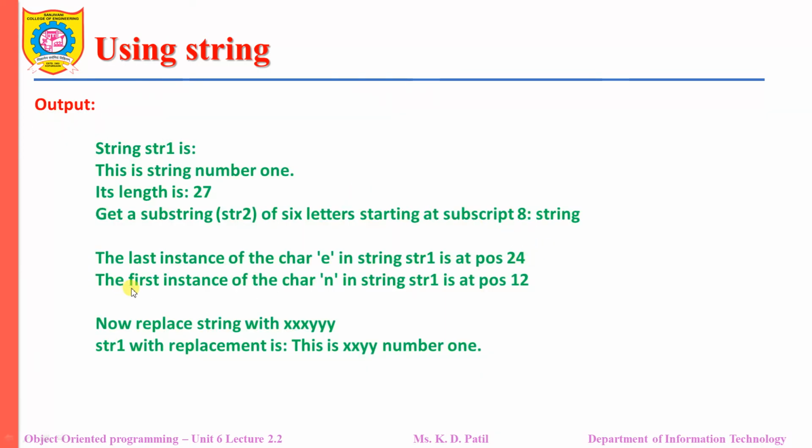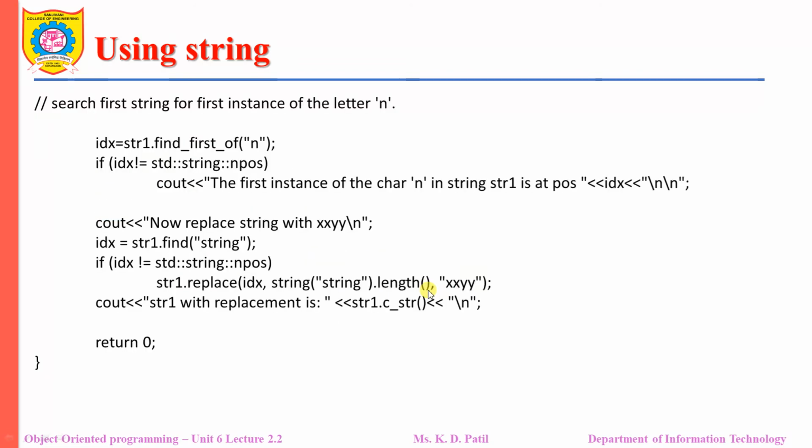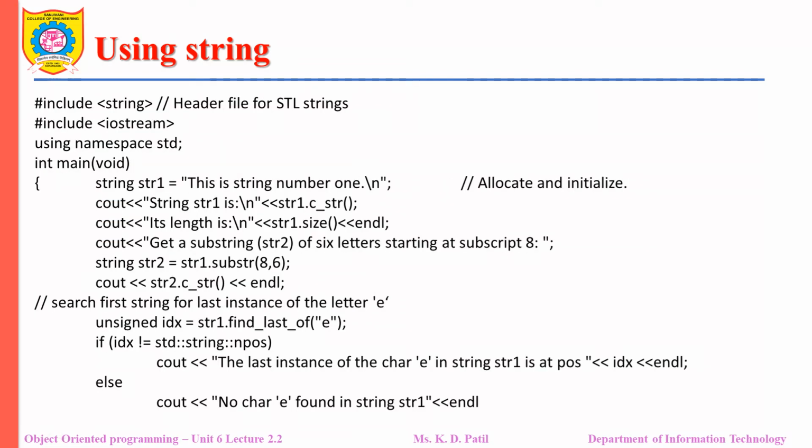After that I wanted to know the first instance of the character N in the string str1. Now if I want to know the first instance of character N, so if I start with 0, then 1 2 3 4 5 6 7 8 9 10 11 12, here I will get 12, the 12th position.